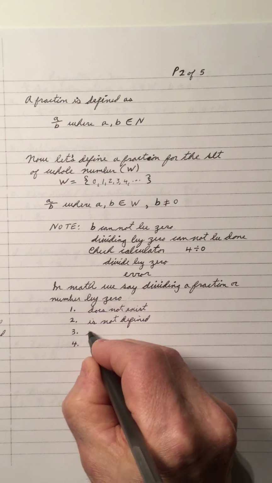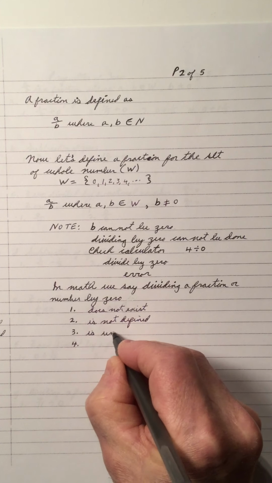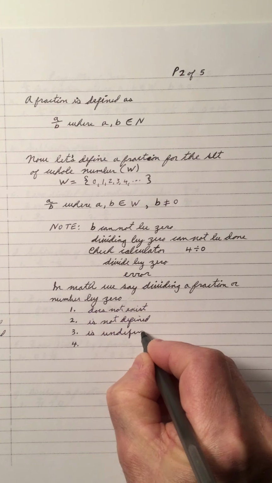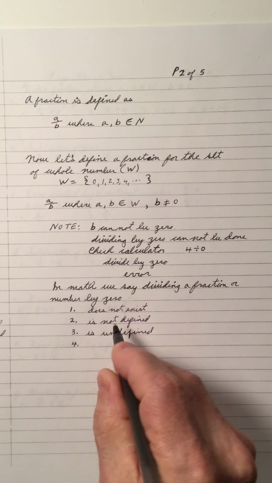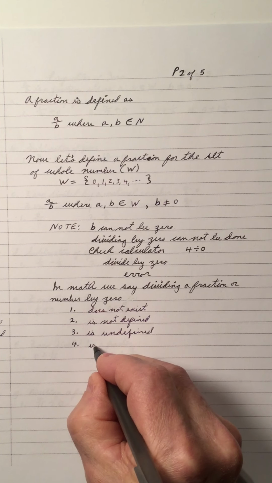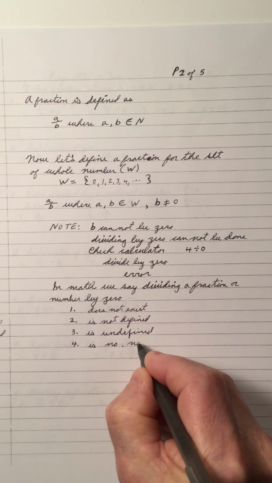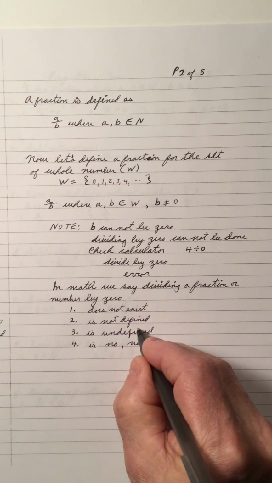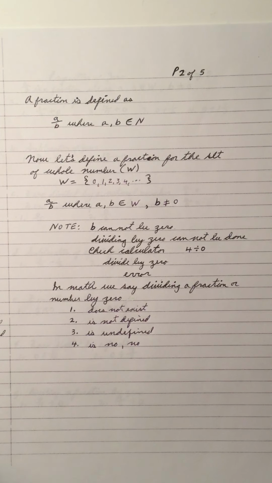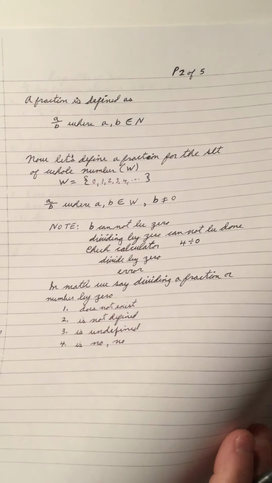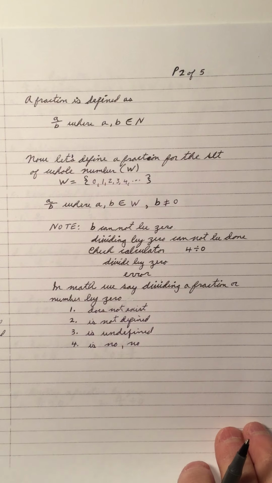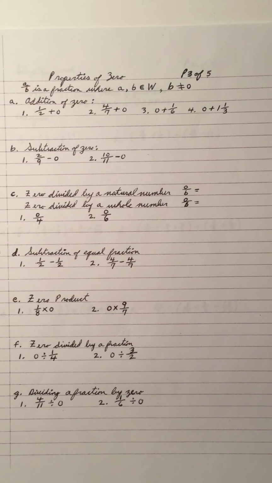We could say it is undefined. Or, as I say, dividing by 0 is a no. I call it a no-no, just as another way of saying it. But division by 0 is a no-no, undefined. Can't do it. Let's continue.